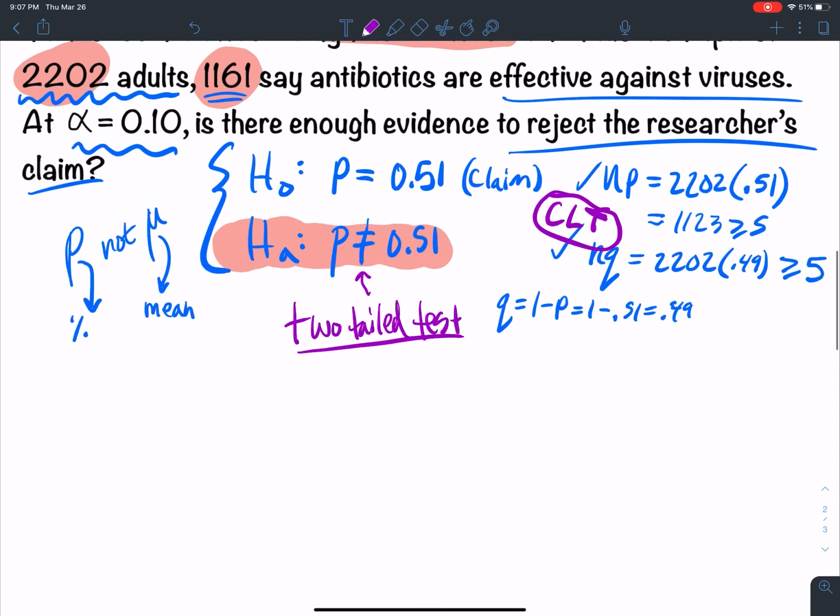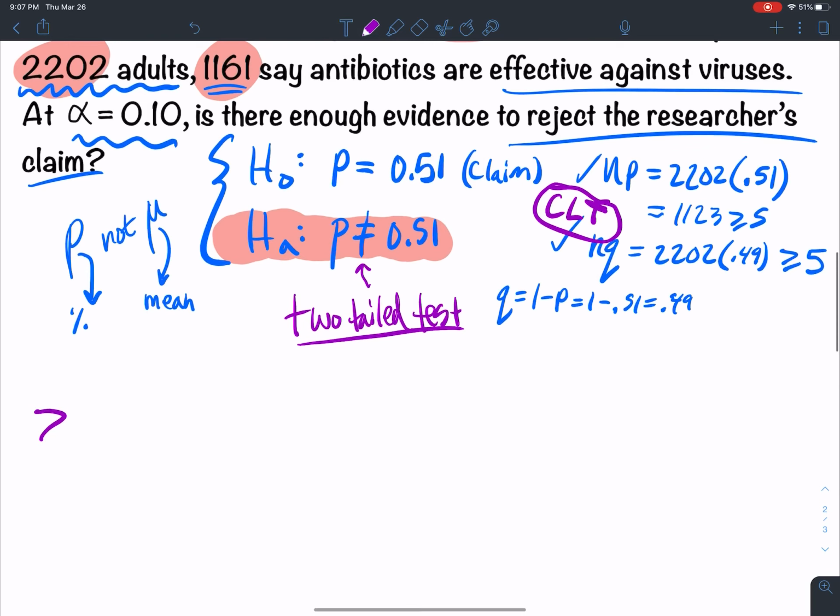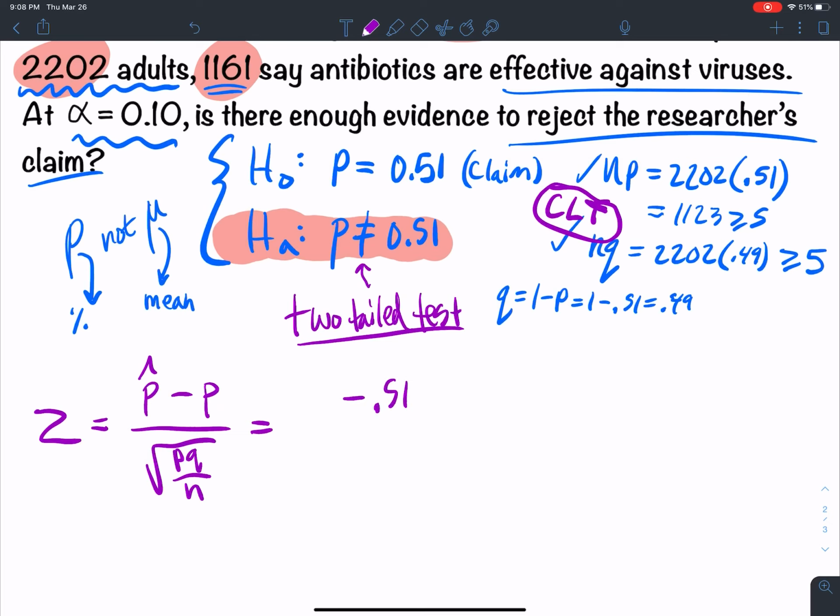So let's run through our test. z equals p hat minus p over the square root of pq over n. Now, I've got all the players except for, well, what the heck is p hat, right? I know that p is 0.51, I know that q is 0.49 and n is 2202, but I don't have a p hat.